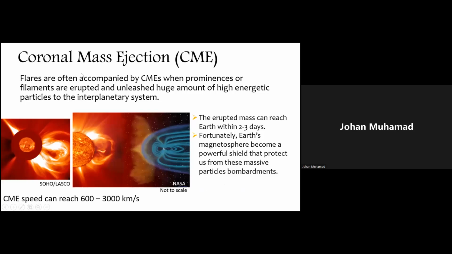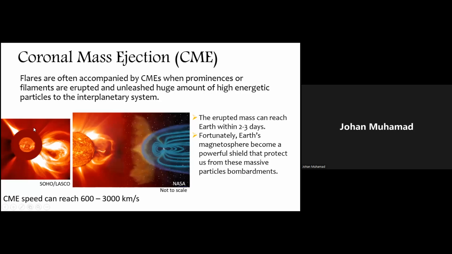And then there's also the coronal mass ejection, or CME, and flares are often accompanied by CMEs when prominences or filaments erupt and unleash a huge amount of high energetic particles to the interplanetary system. So this is the sun observed by the SOHO LASCO coronagraph.